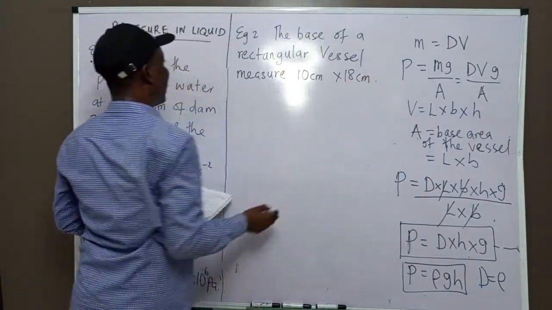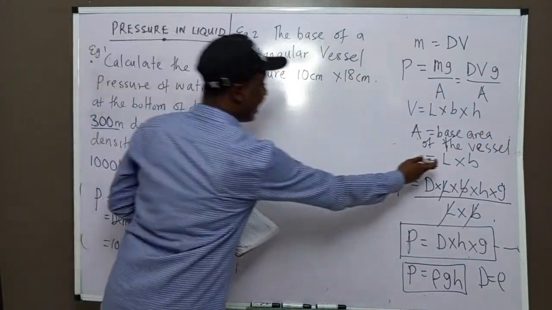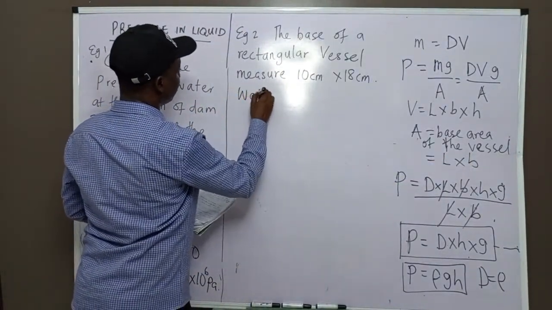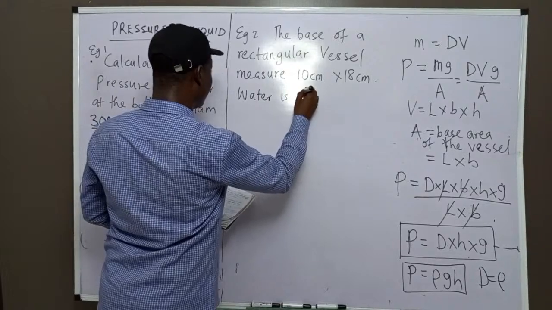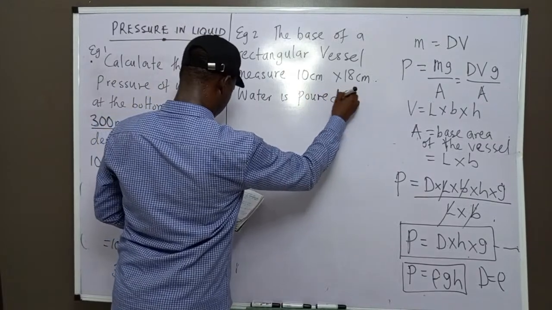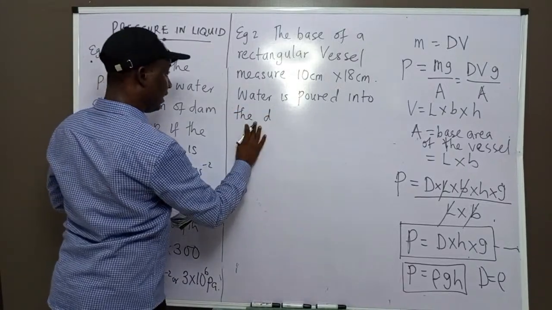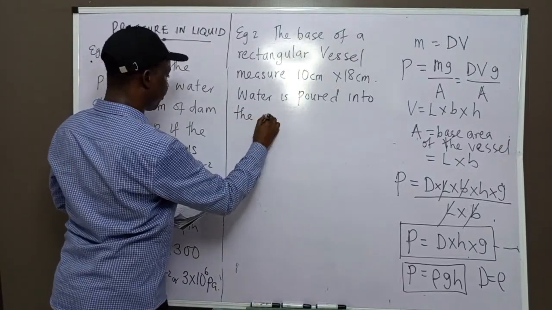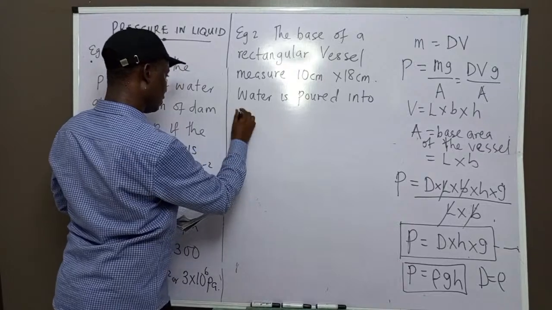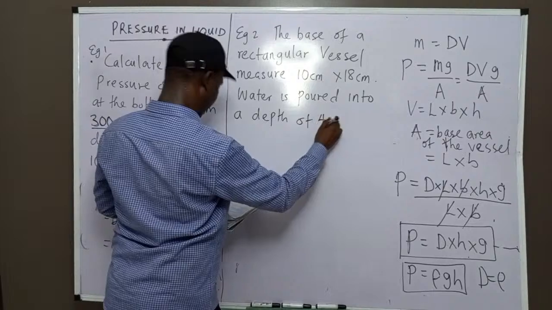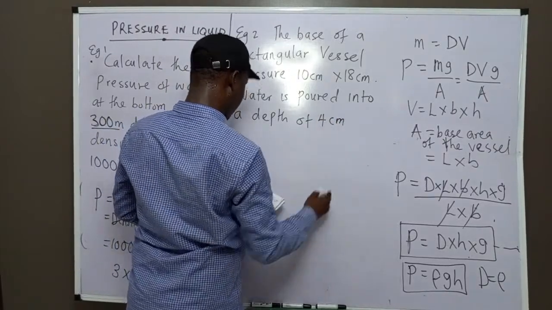That is the rectangular base, the length and breadth. Water is poured into a depth of 4 centimeter.